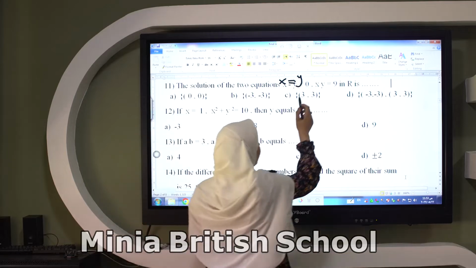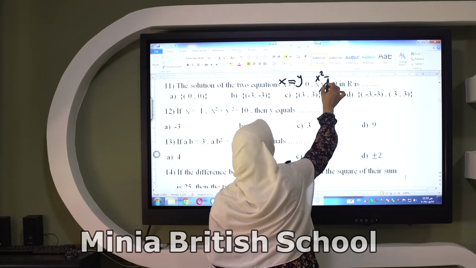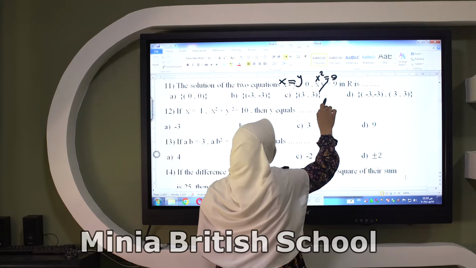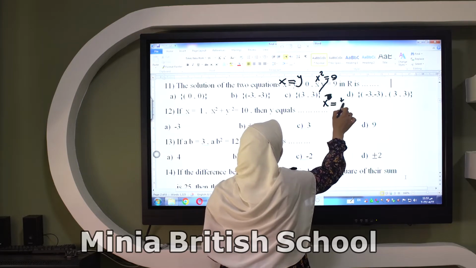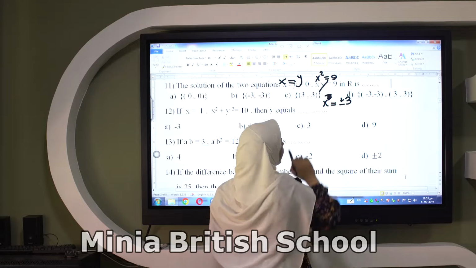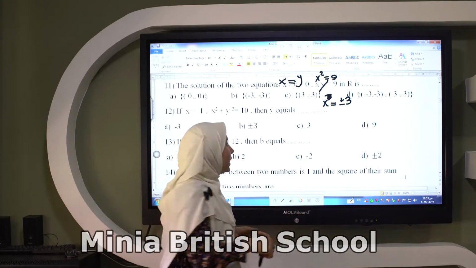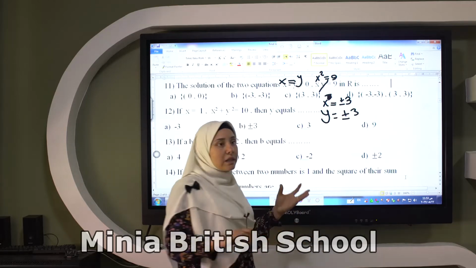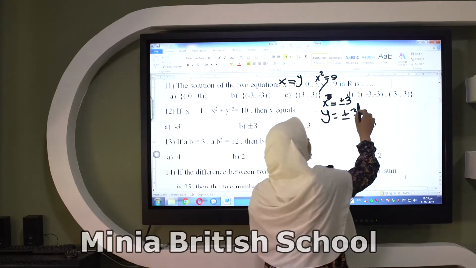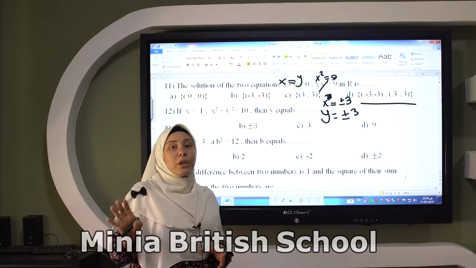Here you can substitute y, so x to the power 2 equals 9, then x equals positive or negative 3. And since x equals y, y also equals positive or negative 3. So the answer here is the ordered pairs (negative 3, negative 3) and (3, 3).